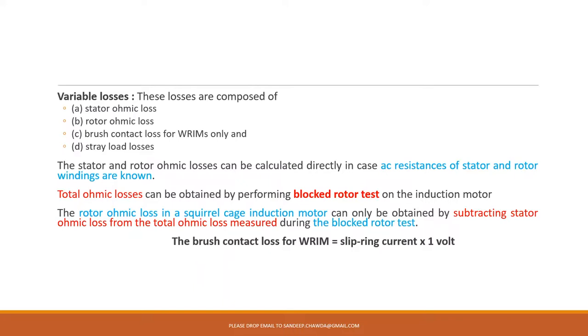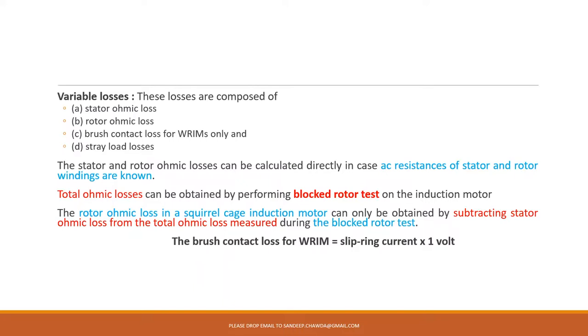You need to remember, if the motor is a wound rotor induction motor or slip ring induction motor, then do not forget to include brush contact loss. Always include the brush contact loss whenever the motor is a wound rotor or slip ring induction motor.